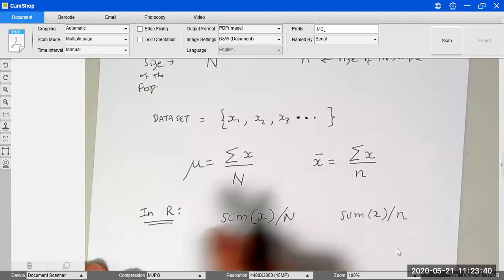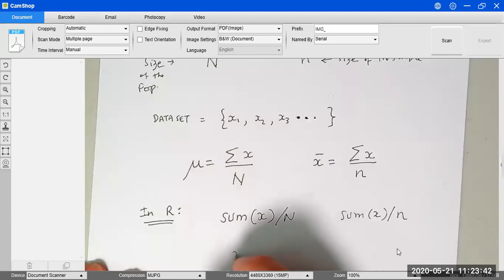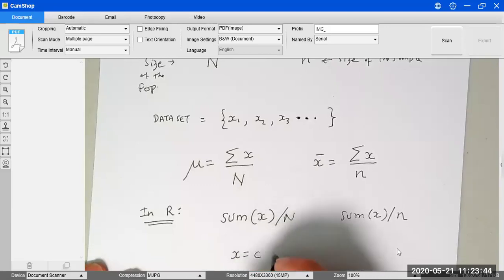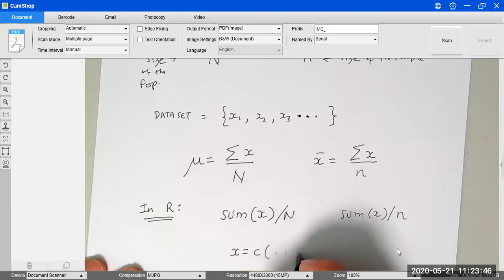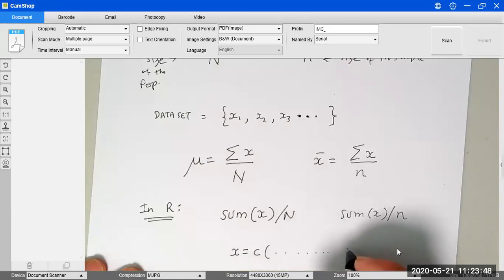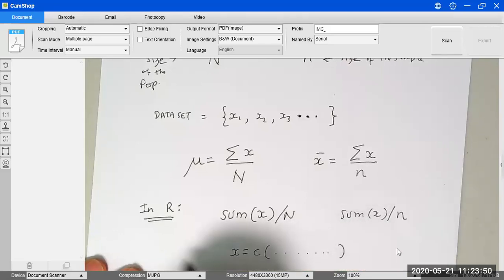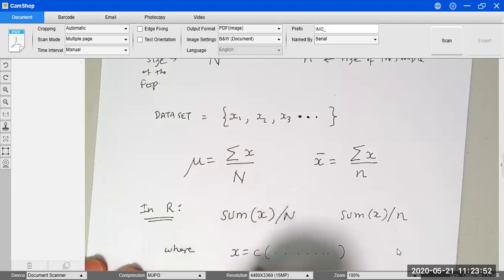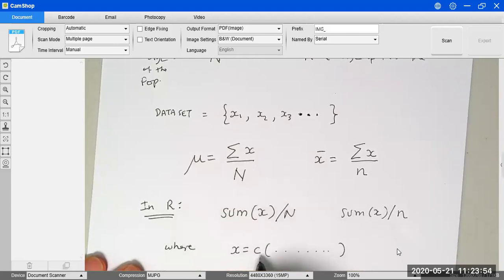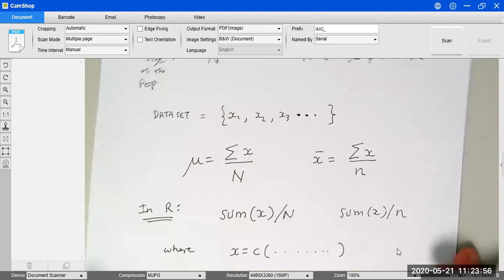But in both cases, you need to enter the values. Remember, we enter the values by using a variable and lowercase c to indicate a collection, and then the corresponding values.